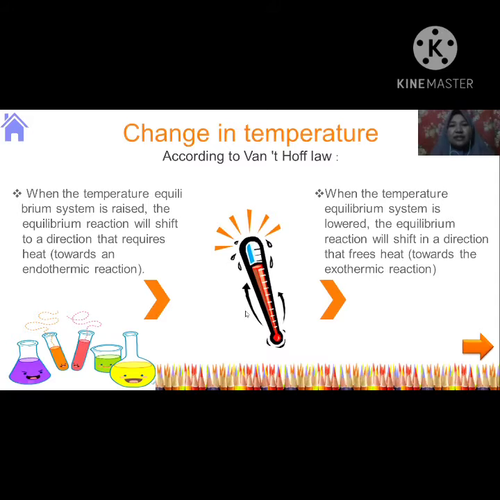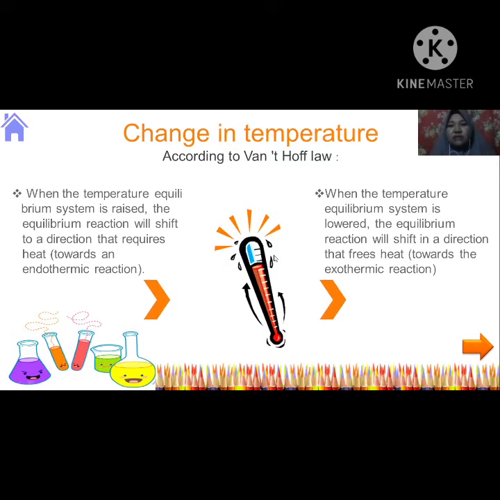Okay, the next is the third factor that affects the equilibrium shift, change in temperature. According to Van't Hoff's law, when the temperature of the equilibrium system is raised, the equilibrium will shift in a direction that requires heat, toward the endothermic reaction.